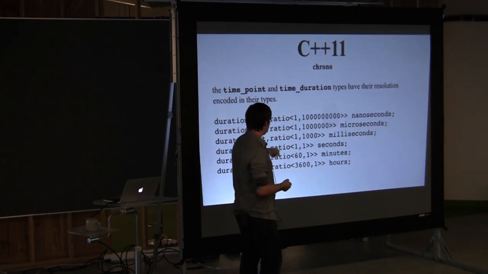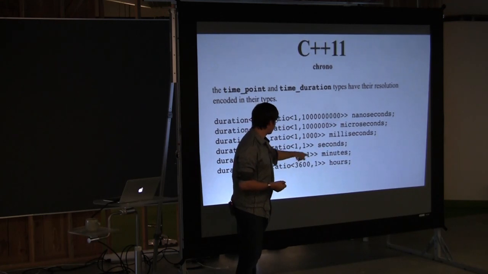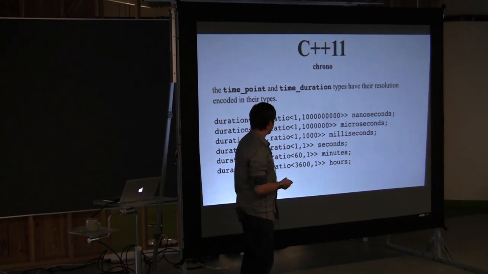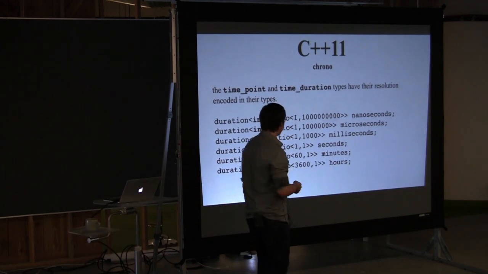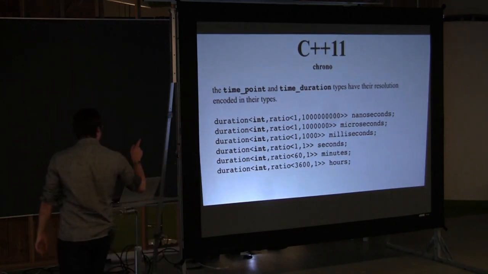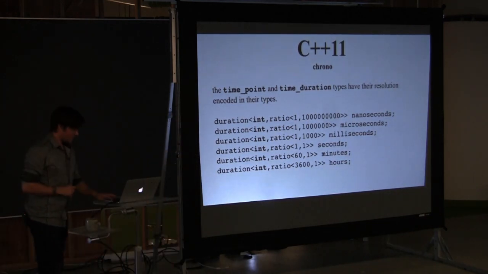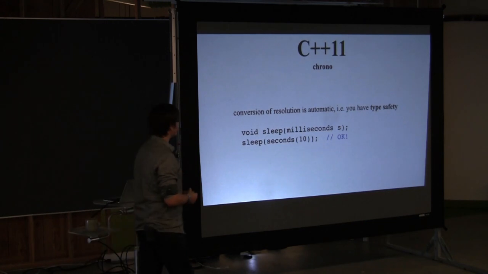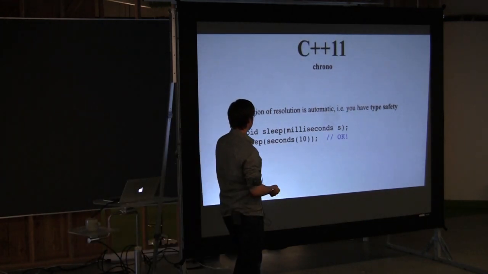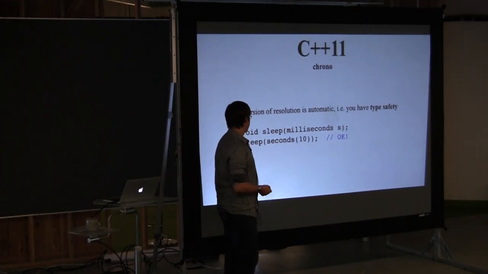So ratio 1:1 is a second, and 60 seconds is a minute, 3600 is an hour, and 1000 is milliseconds, and so on. You get the idea. The nice property of having the unit encoded in the type is that you can do things like this. You can have a sleep function that takes some milliseconds, and you say, I want to sleep for 10 seconds.